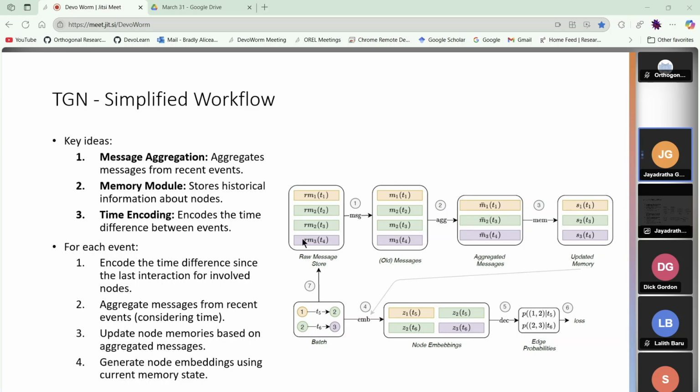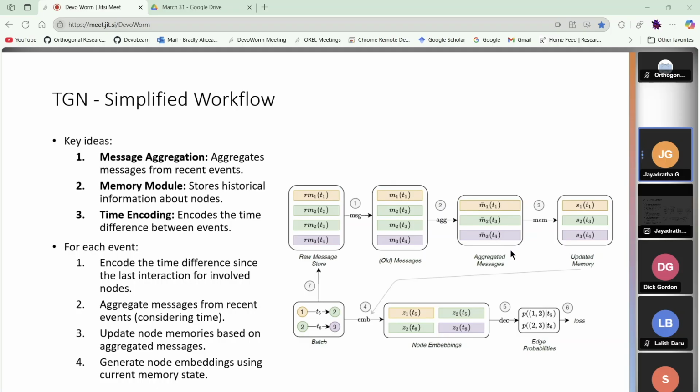So what we have before are raw messages: the raw message of node 1 and node 2 at times t1, t2, and the raw message of 2 and 3 at t3, t4, because there are some interactions that happened before. We do message passing, and based on the message passing we update the embedding at different timestamps, and then we aggregate those, and at t equal to 3 we get some embedding based on the aggregation.